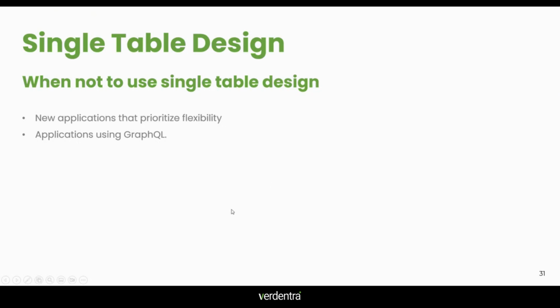What it will do is resolve those two entities separately and try to join them back and send you the response. And that goes against the single table design, where we pre-join so that we only need to get them once. But if you use it with GraphQL, you are getting them twice and it's counting as two requests, so it's not recommended.